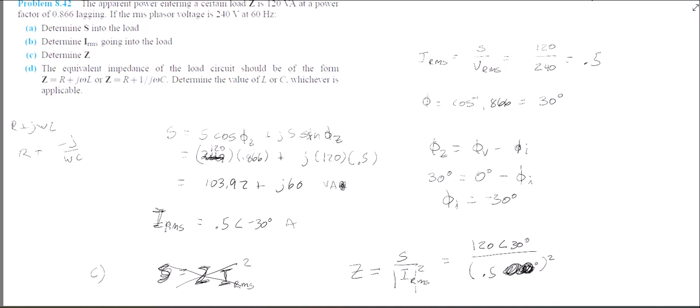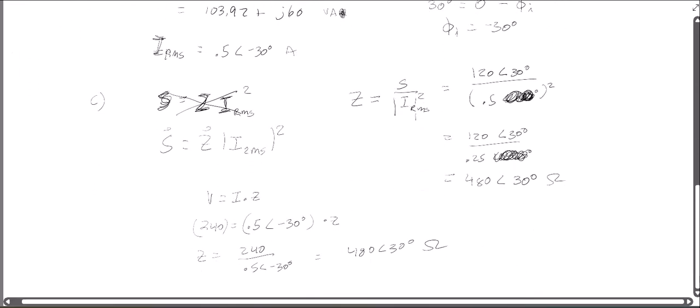Determine the value of L or C, whichever is applicable. So we had lagging here, and so that meant we had positive, so that means we have inductance. If you had negative, then you would have capacitance. We have positive, so we're going to solve for J omega L.